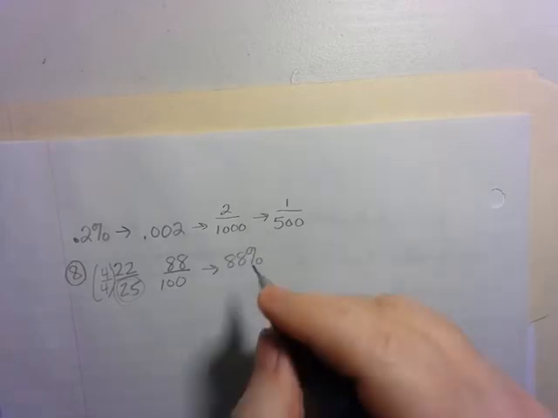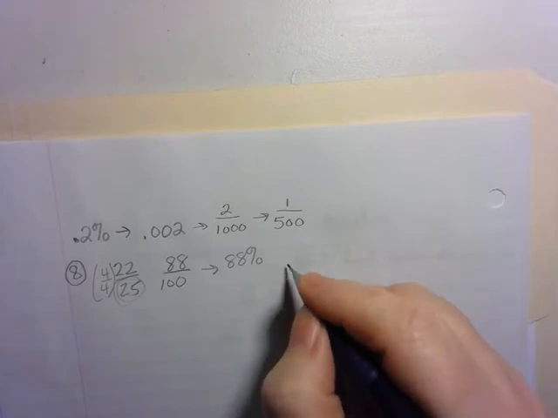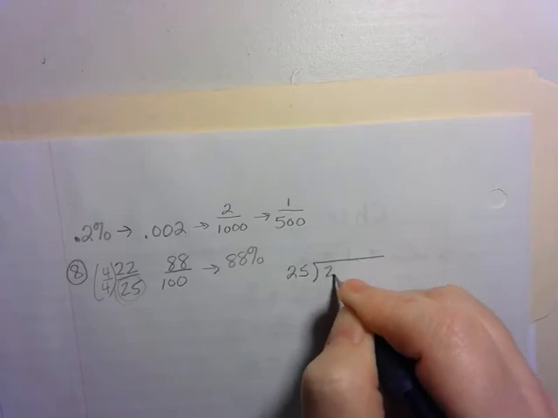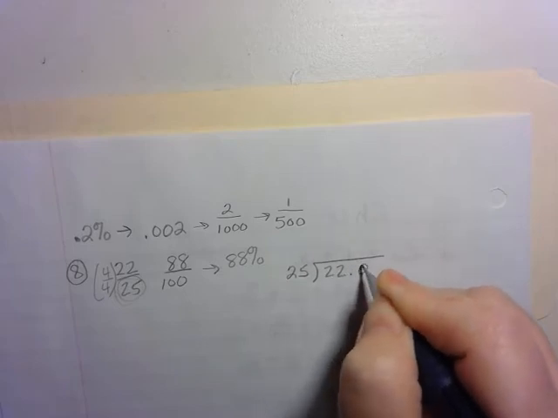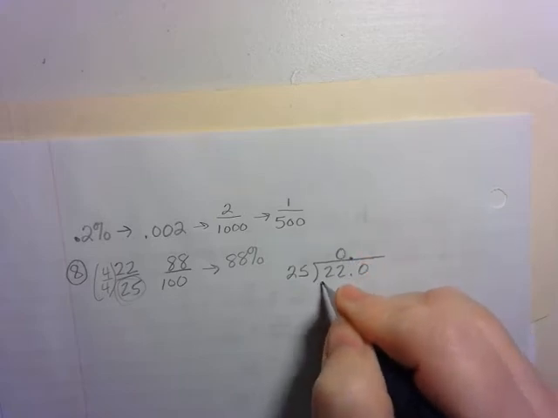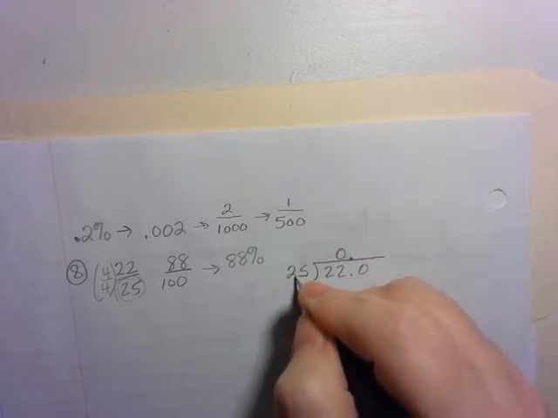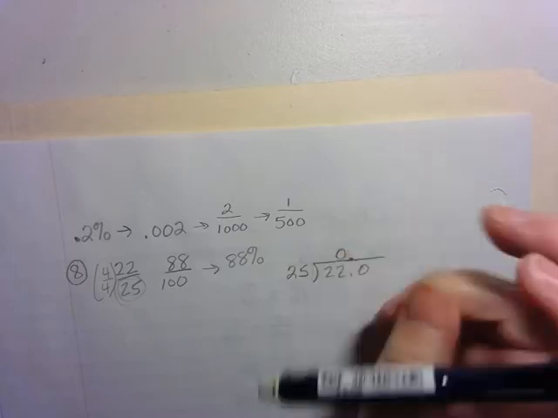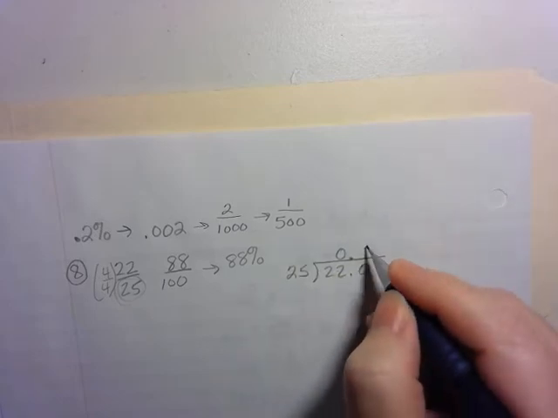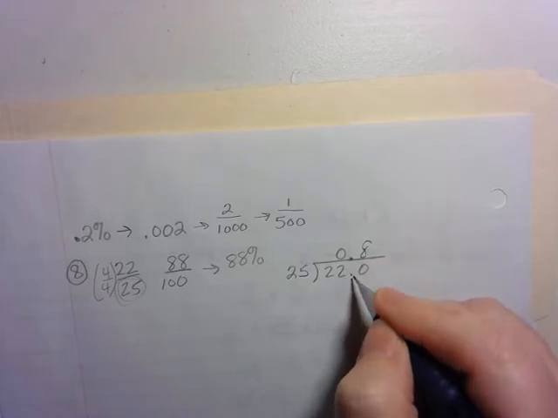If I was not so lucky and I could not do that, I would just divide. So 22.00, I have to, oh, there's no decimal, oh, 25 goes into 220 8 times.